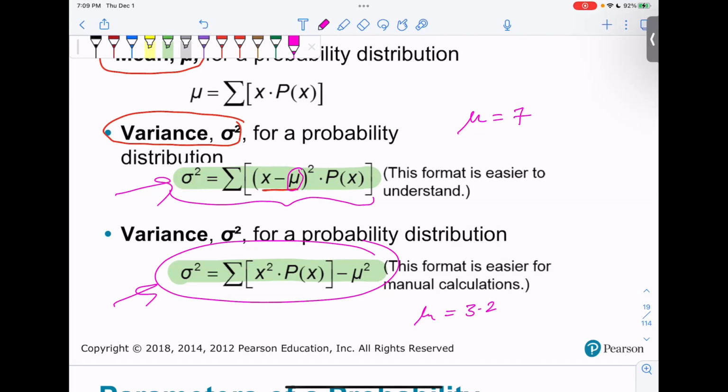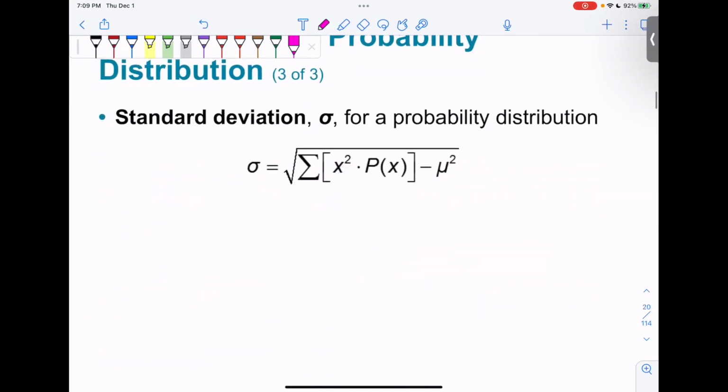If you distribute, it will be x squared minus 2 mu x plus mu squared, and then multiply p(x) inside, and in the end you will get this form. So using this or this, you will get exactly the same numbers.